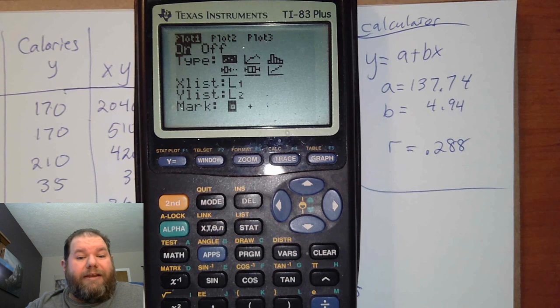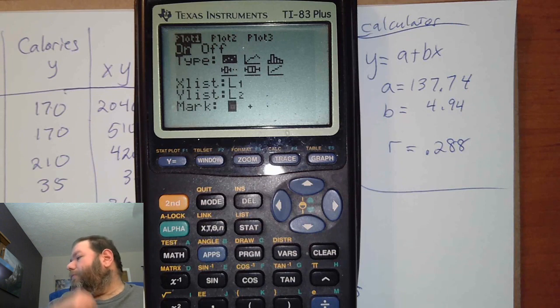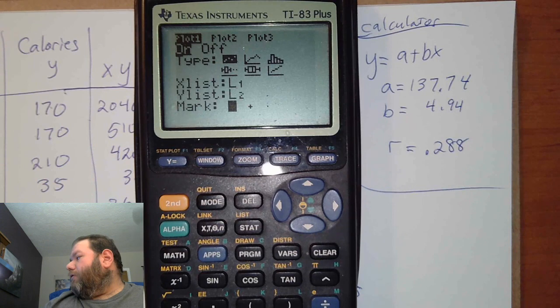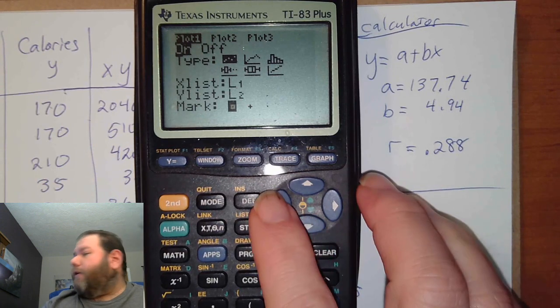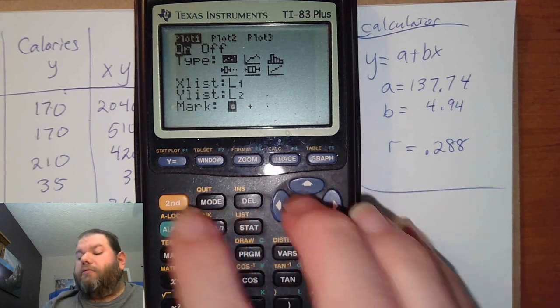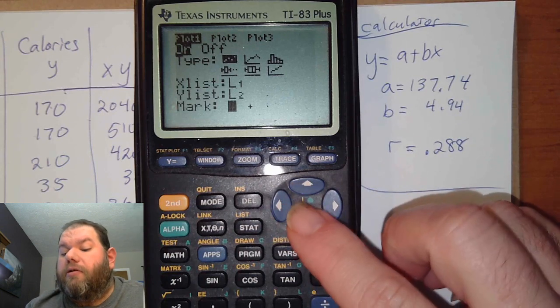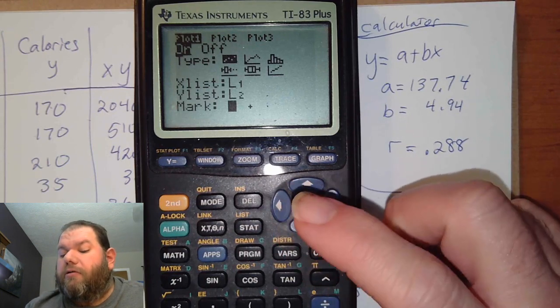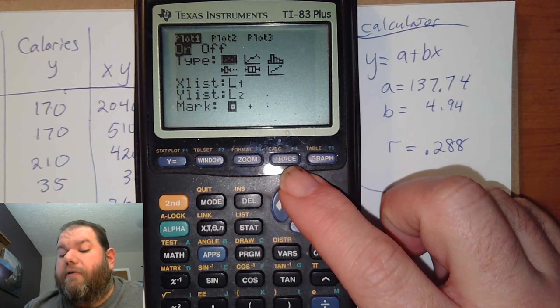We usually do it by hand anyway. That's why I didn't talk about it before this. But for the scatter plots, it makes a lot of sense to have the calculator do it. All right, so press enter and go back. All right, that's all taken care of.